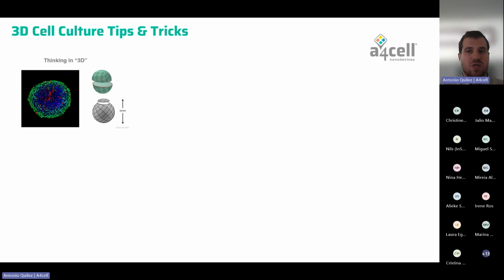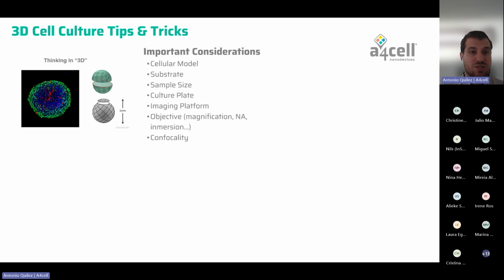So that's important when choosing the cellular model, the substrate we're going to use, the sample size, how much we want to let our model, our cell culture grow, and how we are going to be able to analyze it. Also, which kind of platform we are going to use, what objective, and whether we are using confocality or not in our microscope, if available.